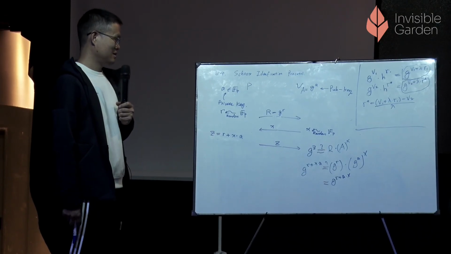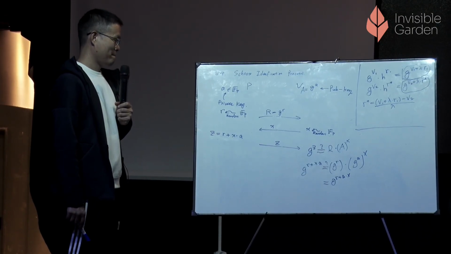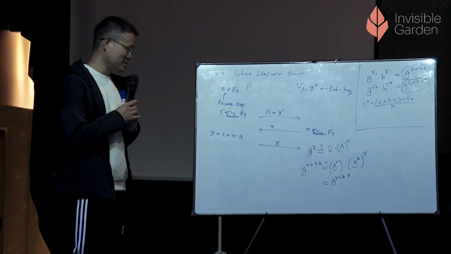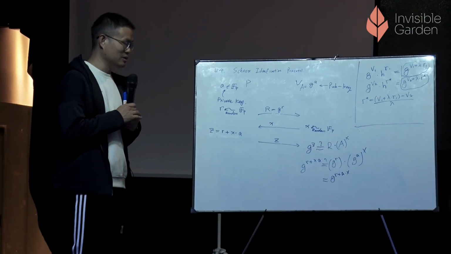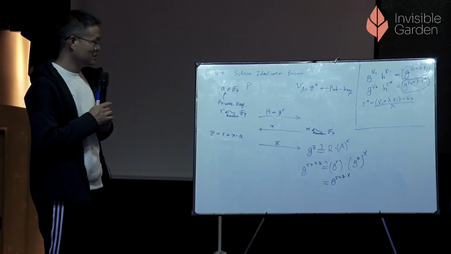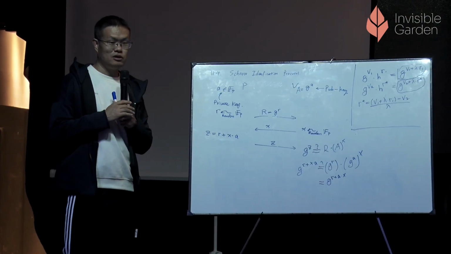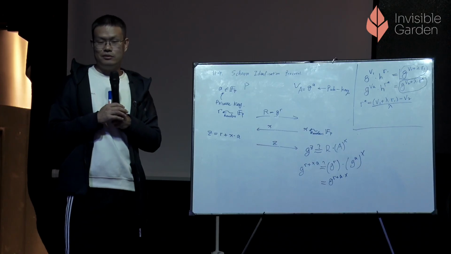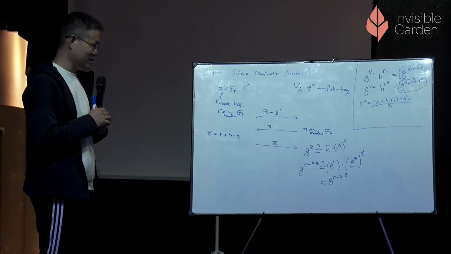And this protocol also can be converted into a digital signature protocol, which is called the Schnorr signature. Now it is deployed in Bitcoin.